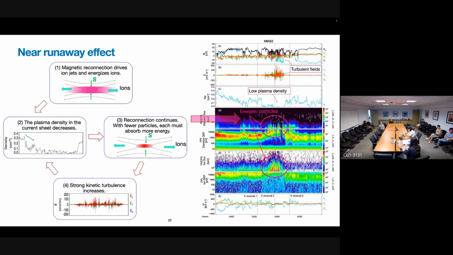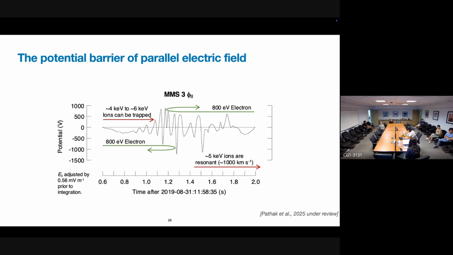It's like a near runaway effect that gives you these non-thermal particles. That's just a hypothesis. In case you're curious how turbulence can assist in decreasing the particle density, we have a study currently under review that explains how this can happen. If you're interested, please keep an eye on this paper.